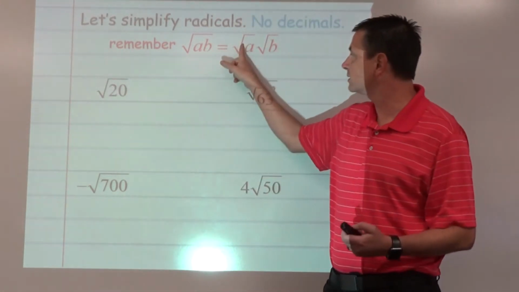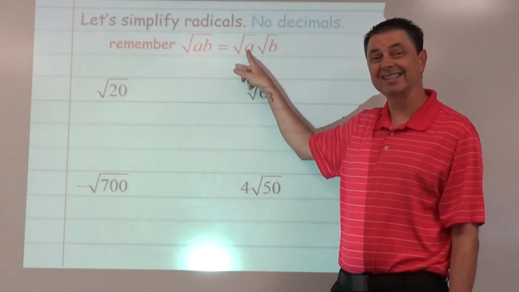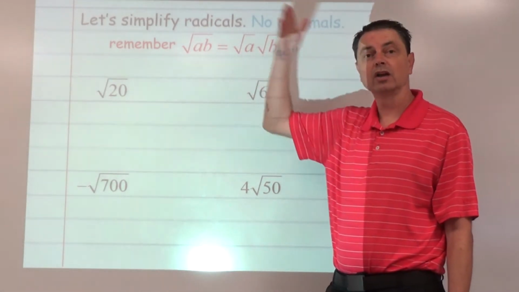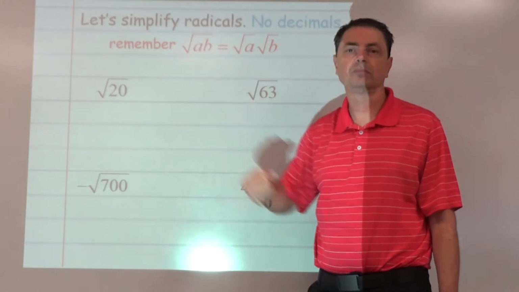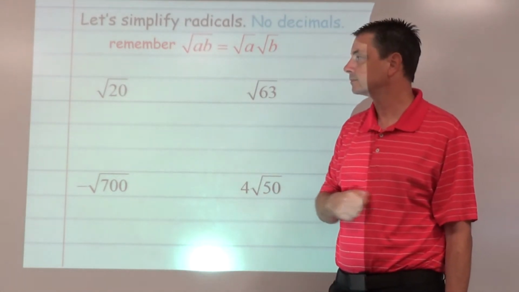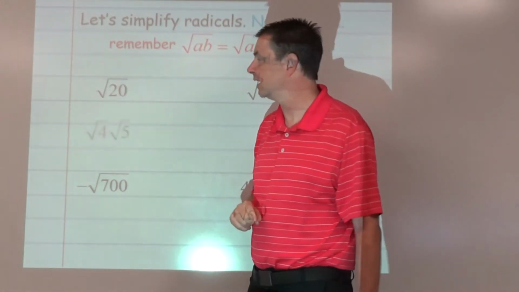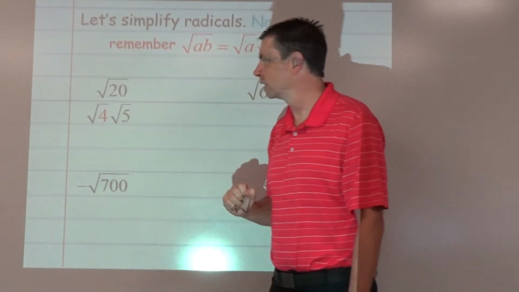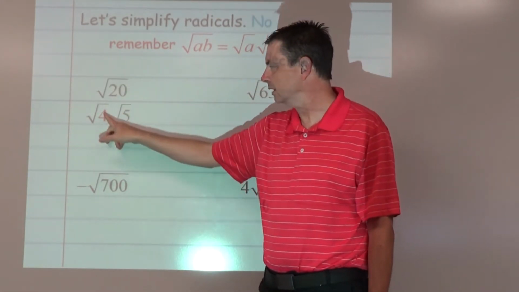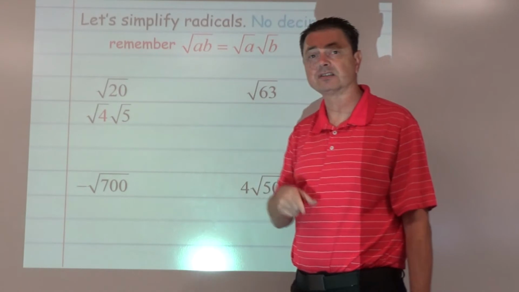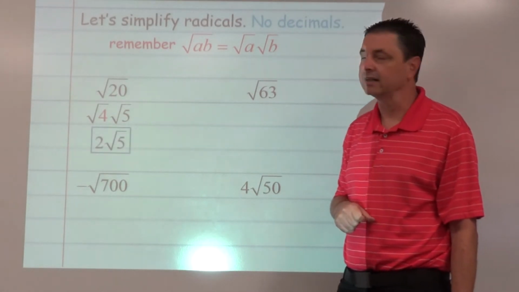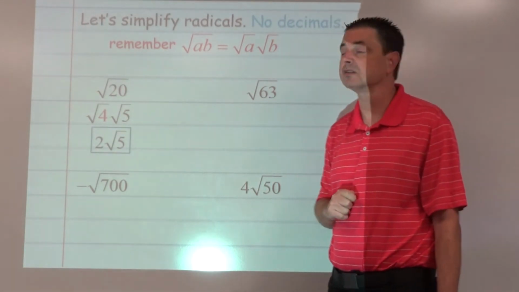Square root what times square root what? The first one needs to be a perfect square. Go back to your list of perfect squares. I think we want 4 times 5. Square root of 4 times square root of 5. That makes square root of 20. Square root of 4 is 2. Final answer, 2 times the square root of 5.